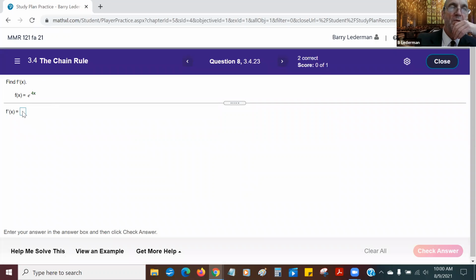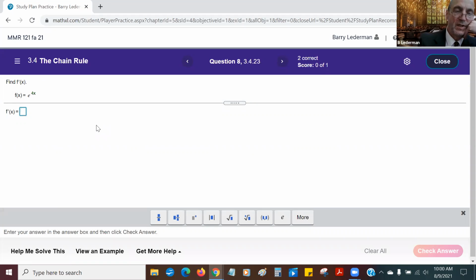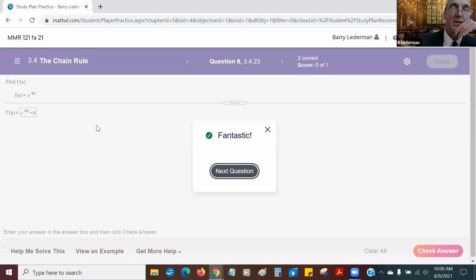Okay, this is going to be, well, the outer derivative is e to the 4x. And we multiply that times the inner derivative, which is just 4. Because the inner function is 4x, and it's just 4.